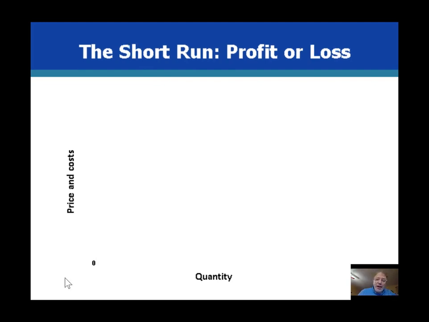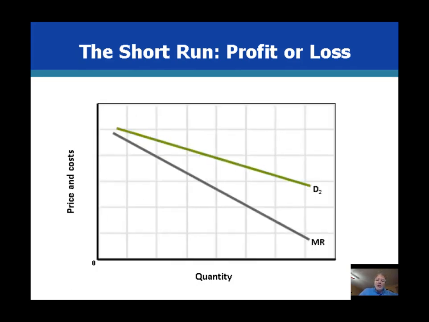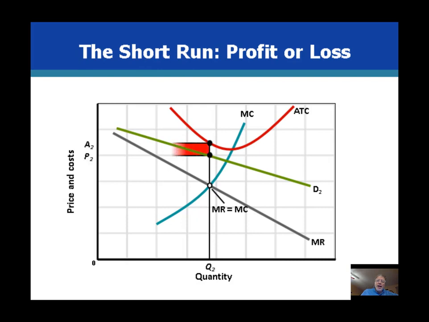Now let's analyze how Abercrombie and Fitch could make a loss on that hoodie. Marginal revenue equals marginal cost. Draw the line up to the average total cost curve, and you'll see that it actually costs them more on the average per hoodie to get it out the door than customers are willing to pay for it.